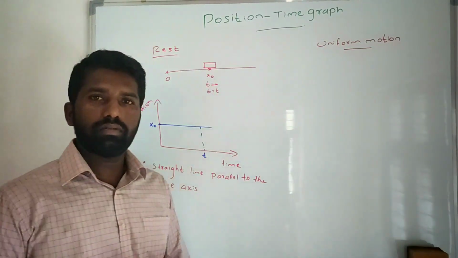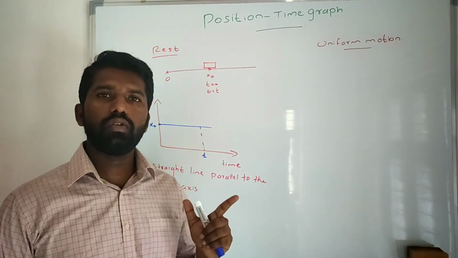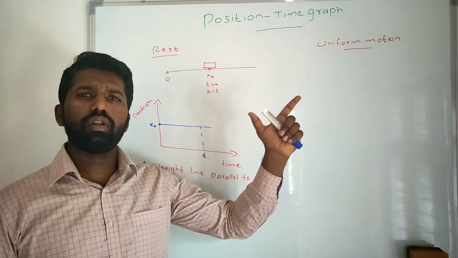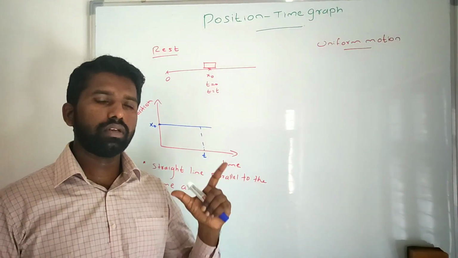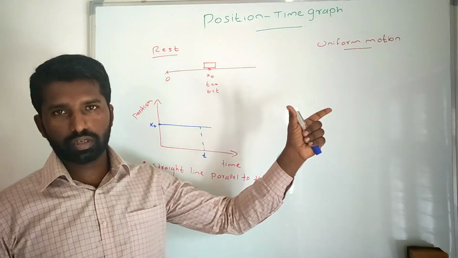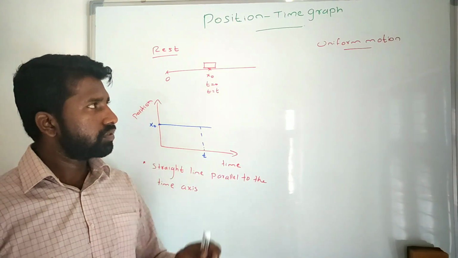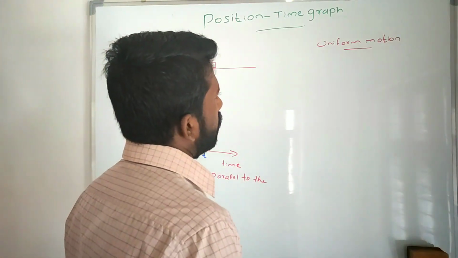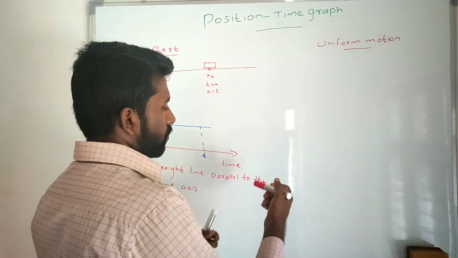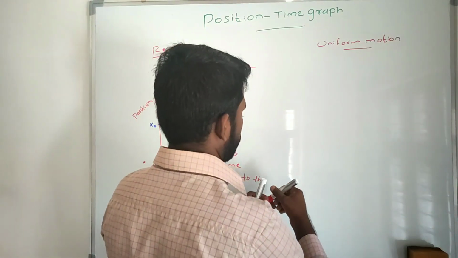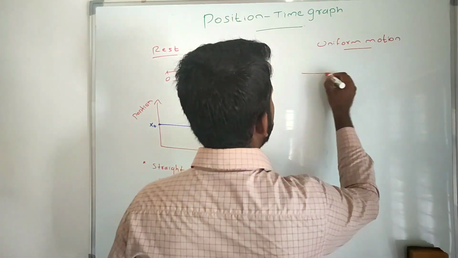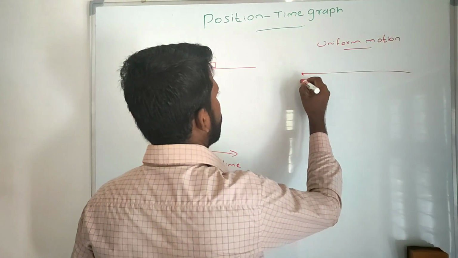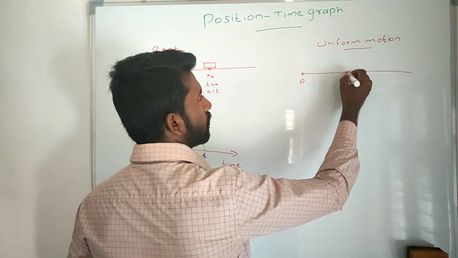Uniform motion means a body covers equal displacement in equal intervals of time. That means the velocity is constant. So how can we draw it? This is the origin.